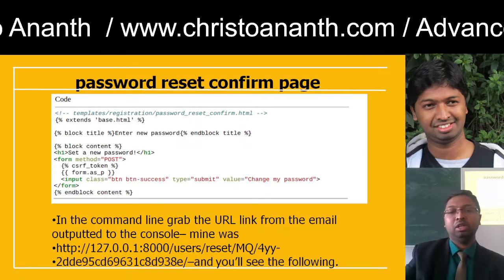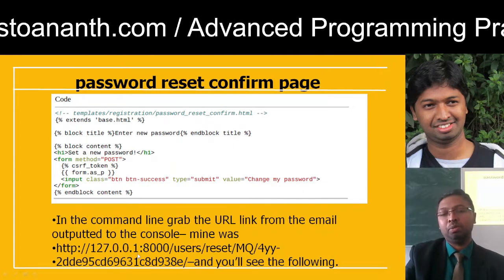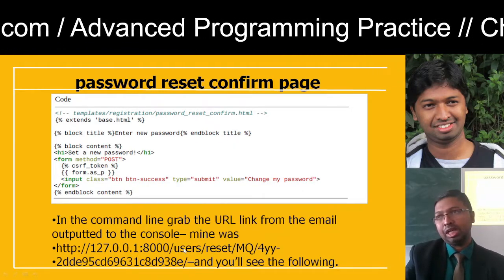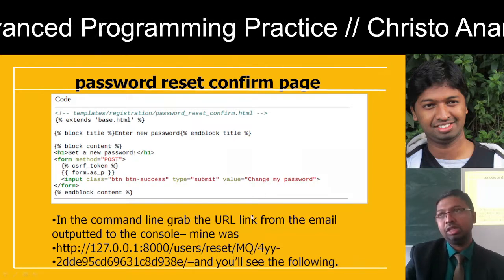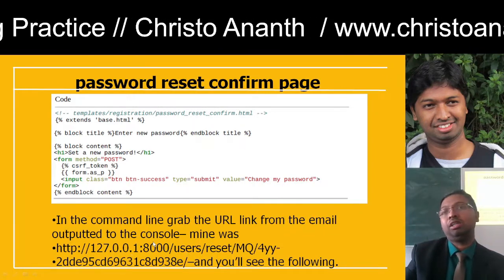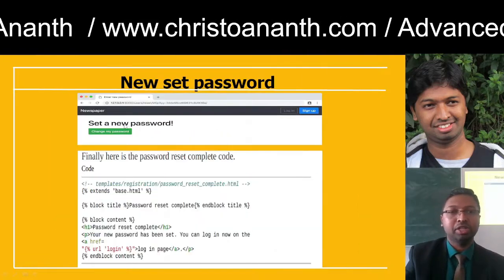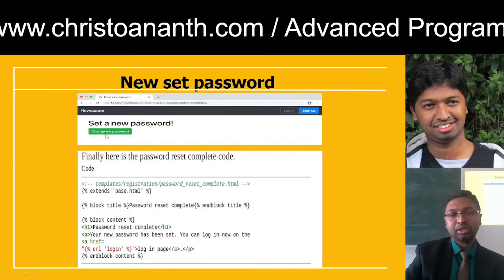Then you go with this command line 127.0.0.1:8000/users/reset. This is the link, and for security reasons it is not showing the exact thing. So you'll be seeing the following: set a new password, change my password.